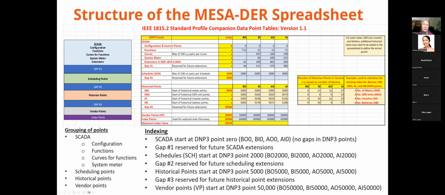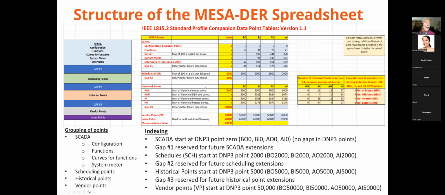So the configuration and control points start at 0 and then go on up. But once you hit the scheduling points, we've just said they're going to start at 2000. So we'll have the schedules all start at points 2000. And then there'll be a gap at 3000. The gaps are when we know that they're going to be more points.